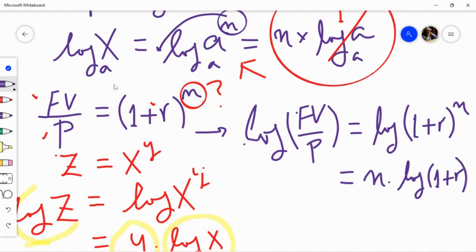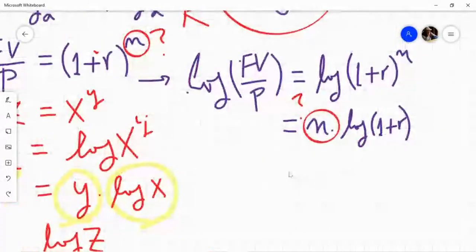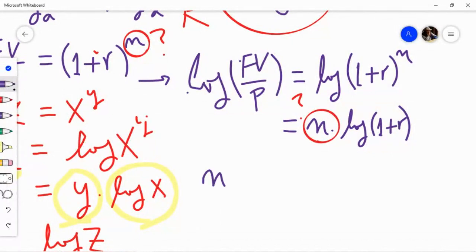And then since n is our unknown, and we're to solve for n, we'll simply divide the left-hand side by the right-hand side.